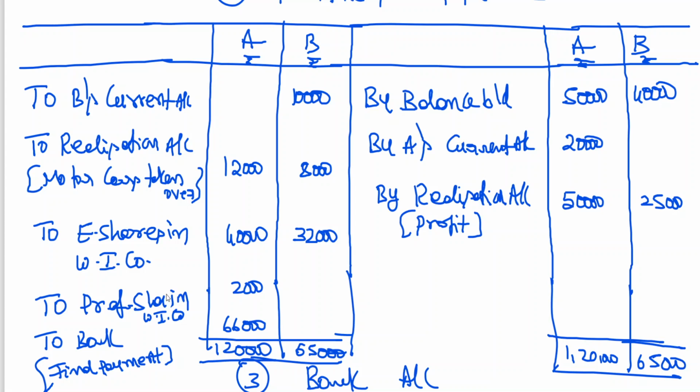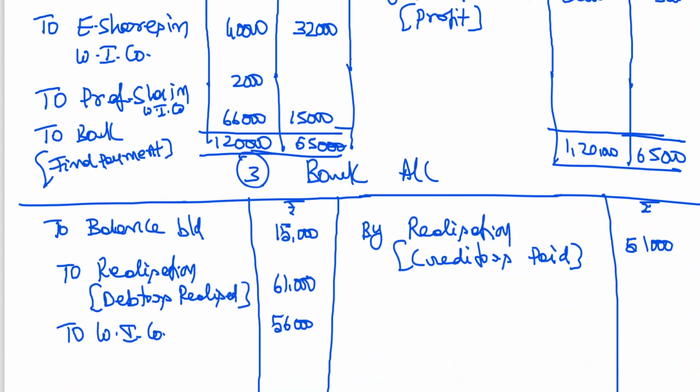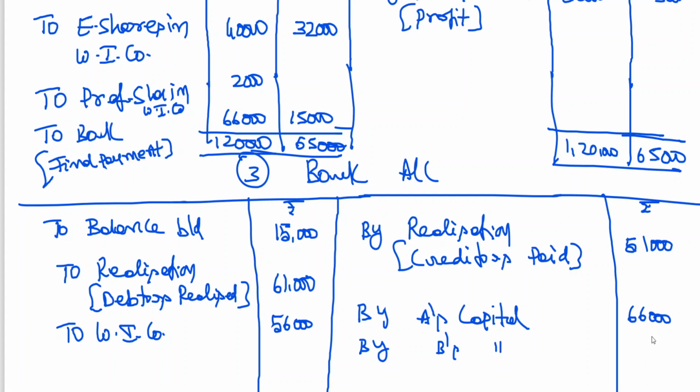That's it. Okay, so here 65 minus 40 minus 50, it is coming to 15,000. This is the final payment. Now the capital account also has been closed. Now you can go for the bank account. In the bank account, here I am writing by A's capital 66,000, by B's capital 15,000.